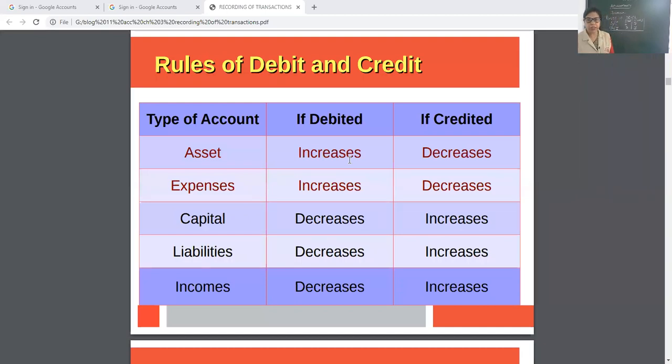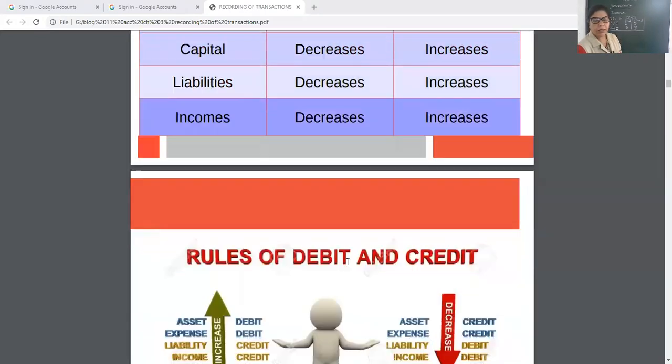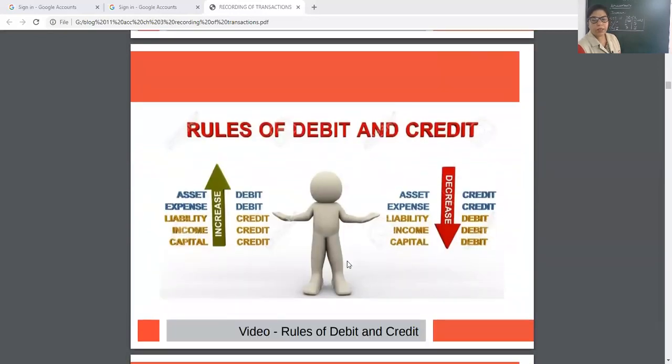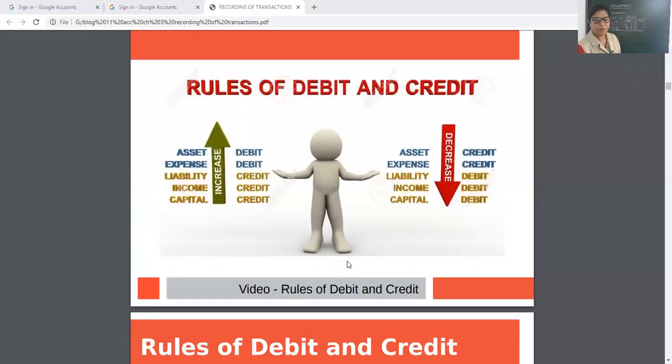Look at the screen, I am making it in a shorter, smaller way. Asset and expenses: increase debit, decrease credit. And capital, liability and income have the reverse effect. Decrease will be debited, increase will be credited. See, I am making another slide for you.